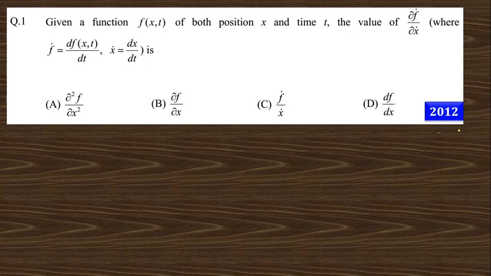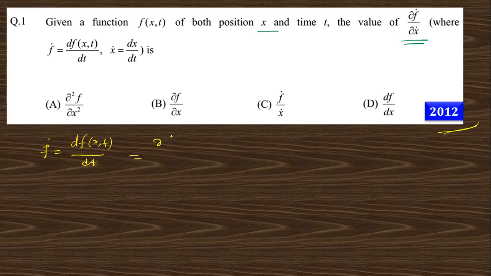This is a question asked in 2012. Given a function f of x and t, find this, where f dot is df dt. So we can write f dot, which is nothing but df of the function of x and t over dt.